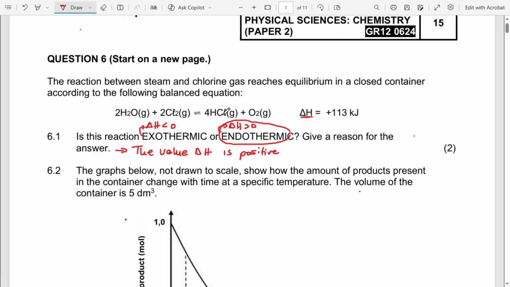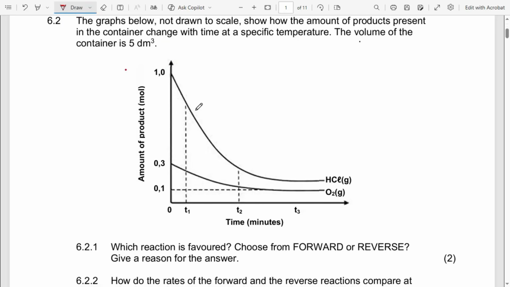These are hydrochloric acid and oxygen, and we can see that the hydrochloric acid starts with the number of moles as 1, then it decreases. The same applies to the number of moles of your oxygen. It starts at 0.3, then it also decreases.